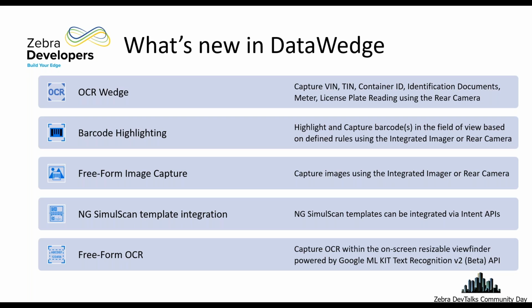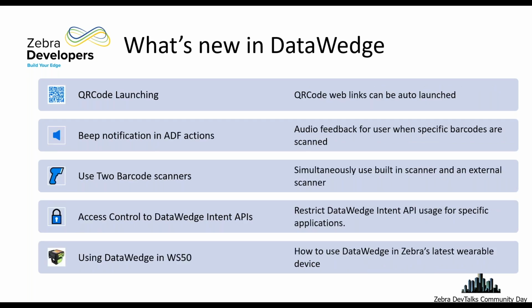Freeform OCR will come up in the next version. It is not available today, but it's coming soon, so we can further see what's available with Freeform OCR in the next few slides. QR code launching is a standard feature.